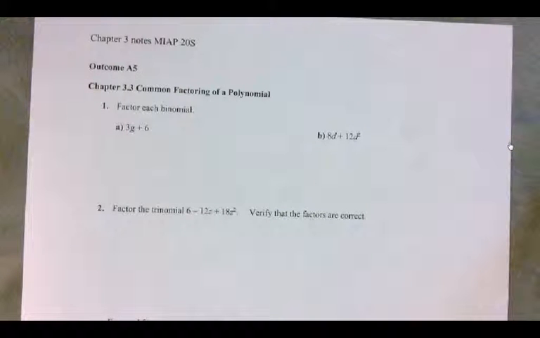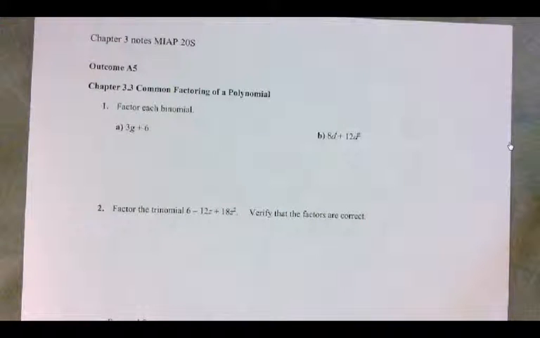Now, what we want to see is if there is a common factor among all of those terms. So, do we remember what factor means? Like a number that goes into, right? Is there a number that goes into each one of those terms perfectly?